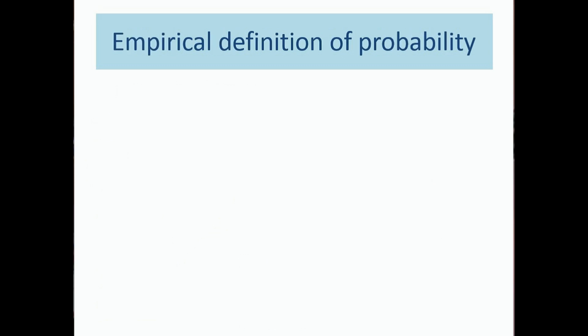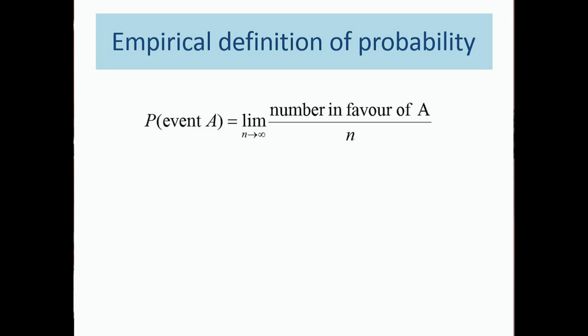There is also another definition of probability we can use in all cases, the empirical definition. The probability of a certain event A is defined as the limit for n going to infinity of the number in favor of A observed divided by the total number of experiments.